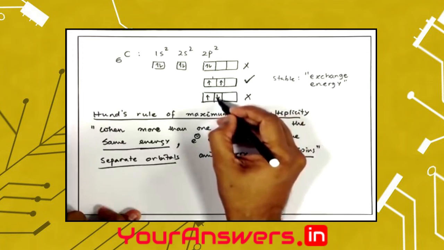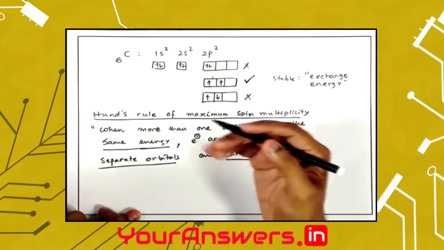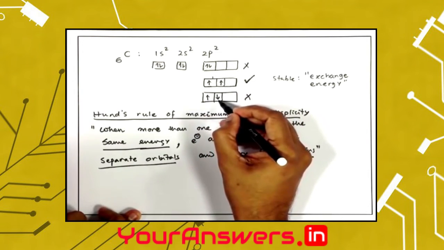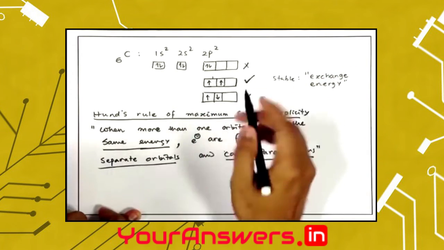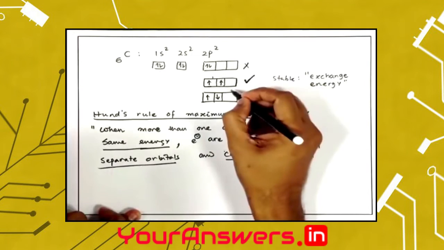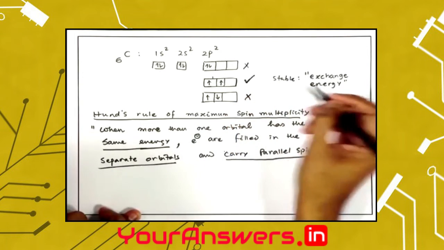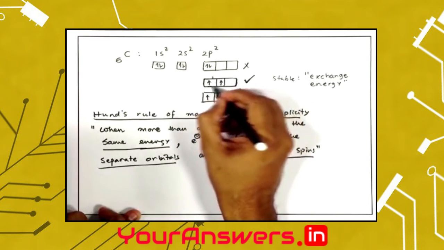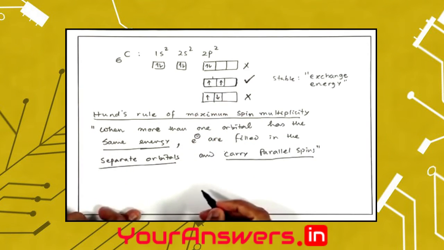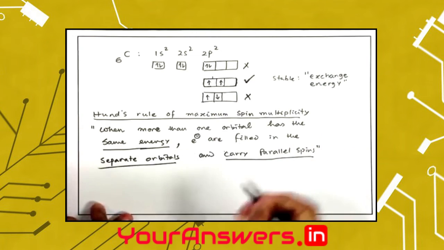In the opposite case, since the 2 electrons can now be distinguished, one has up spin, another has down spin, so that indistinguishability does not come into play. So, that stability coming from indistinguishability of the electrons is gone in the third case. This way we get the most stable configuration because of the exchange energy.